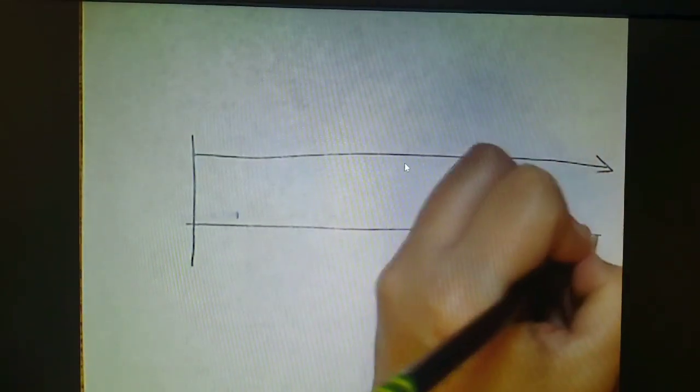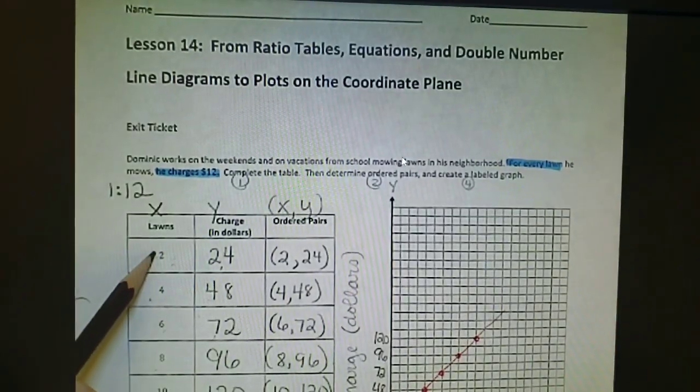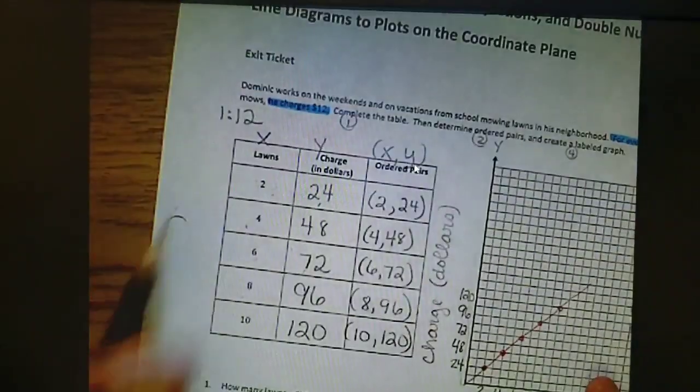So we're going to flip our paper over, okay, and create our double number line. Remember it always starts on 0. When we're looking for this label, we're going to do number of lawns because that's the X. So it's going to go first. And then we're going to do the Y, which is charge in dollars.